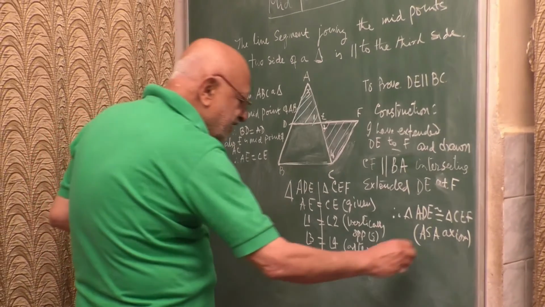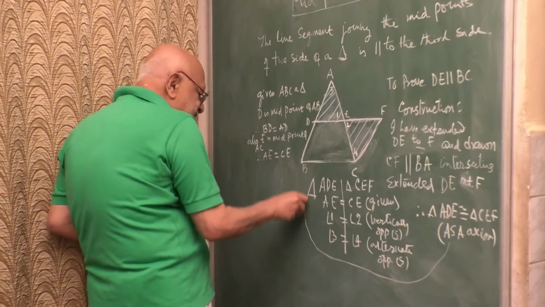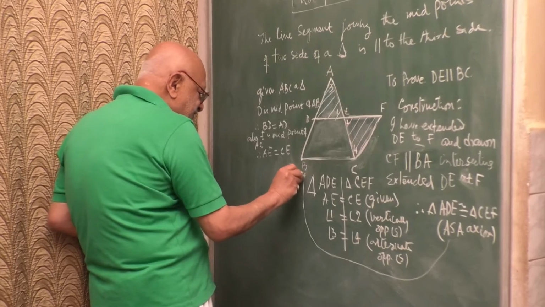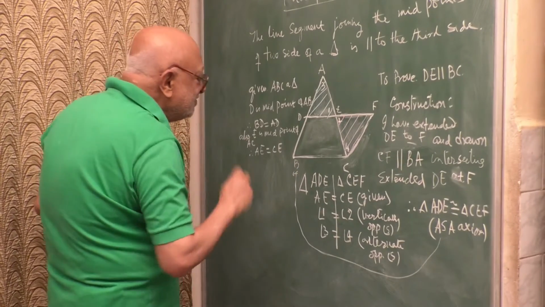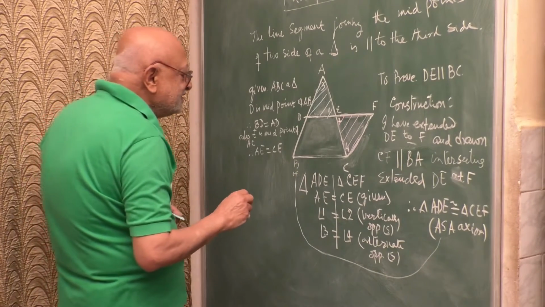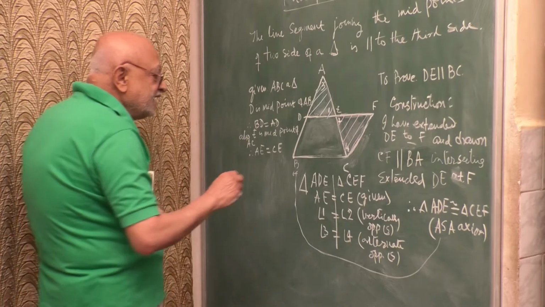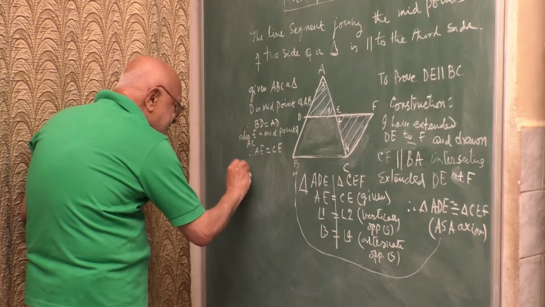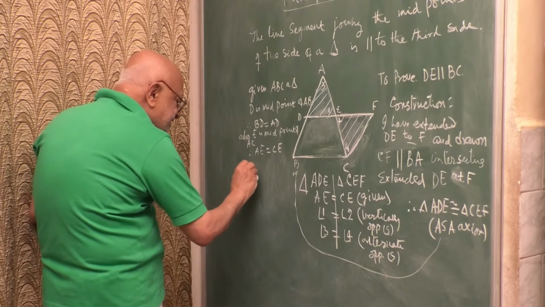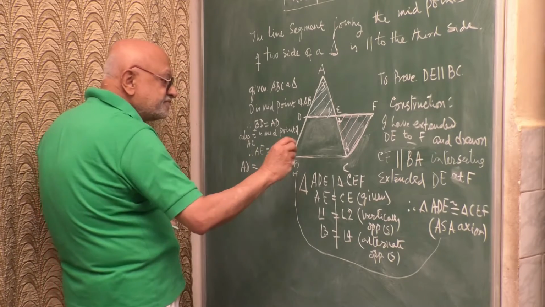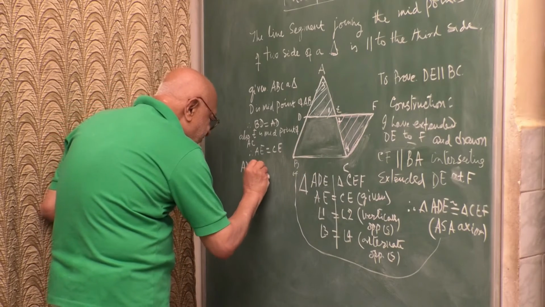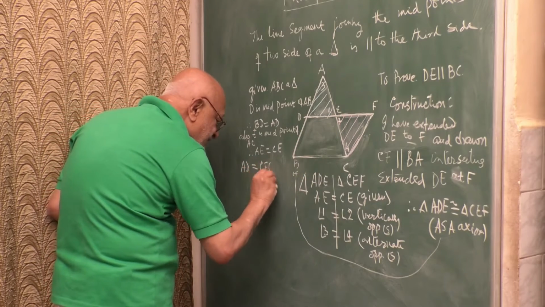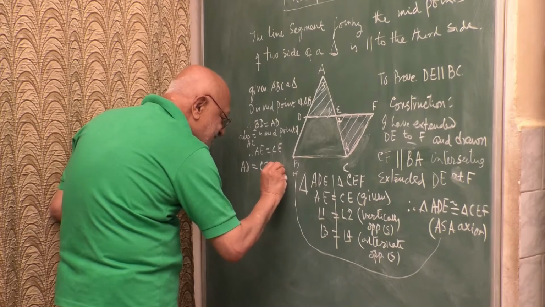From here, I will come here because there is some space available. There I will prove that AD is equal to CF by CPCT.